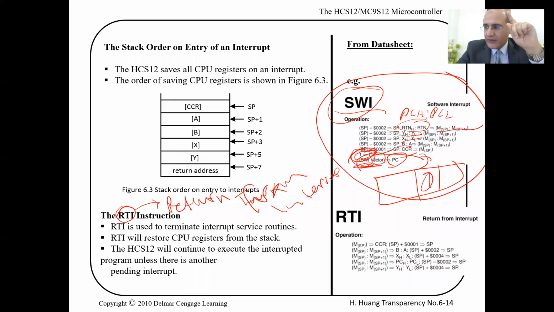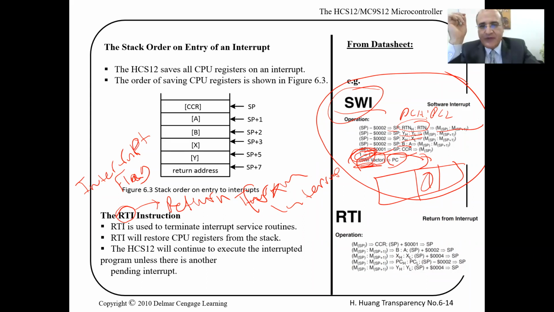And usually, for all other interrupts except the IRQ interrupt that we did last time, there is something called an interrupt flag. Interrupt flag is a bit in some register. When an interrupt happens, the flag is raised, meaning it becomes a 1.